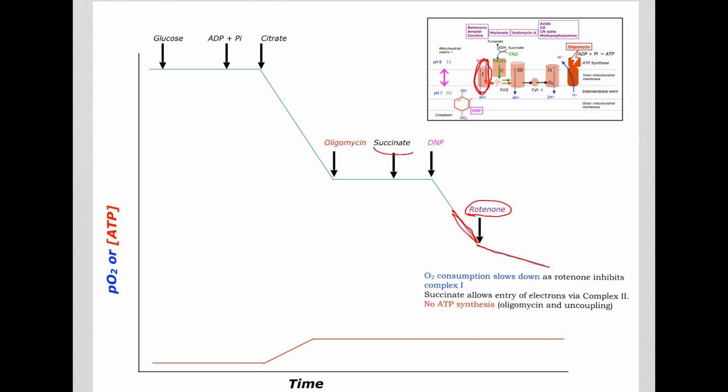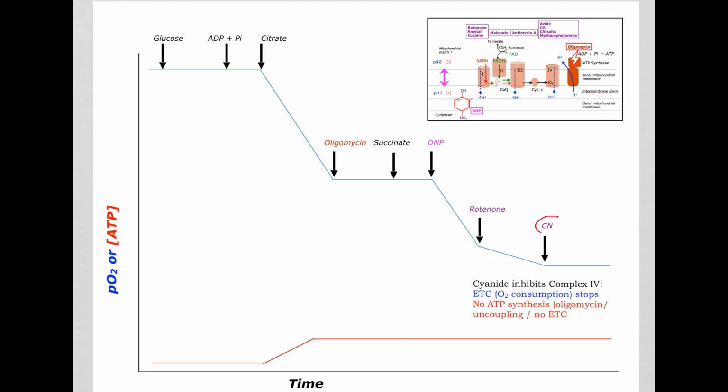However, succinate enters through complex 2, so that will still allow electron transfer to occur in the electron transport chain, but in this case between succinate and oxygen. ATP synthesis, however, still doesn't happen. That's because, once again, of the inhibition by oligomycin, and there is an uncoupler, DNP, present.